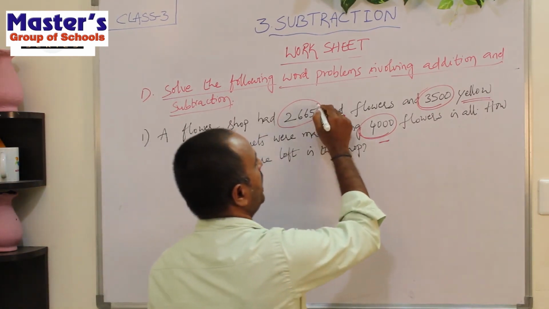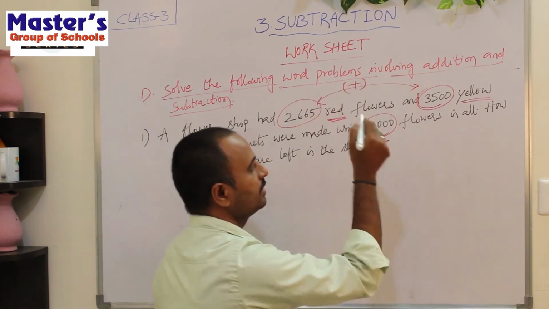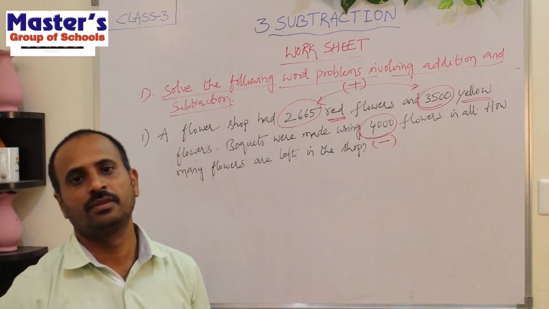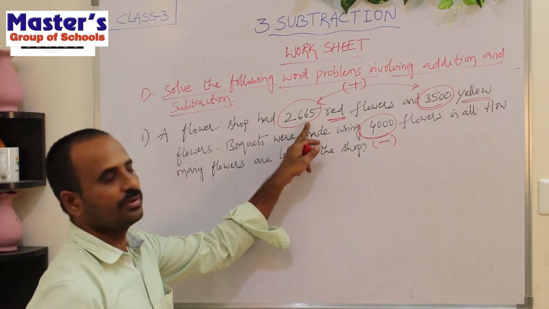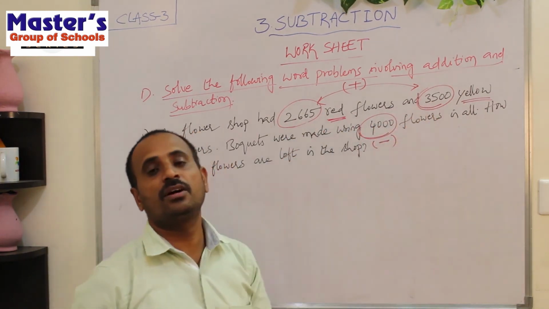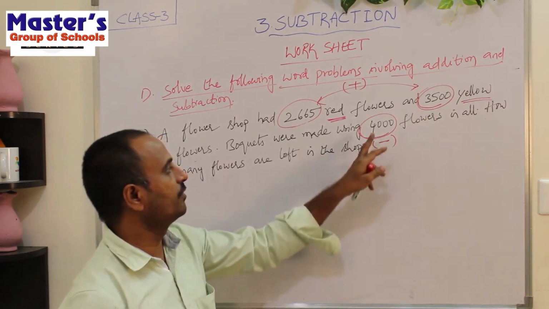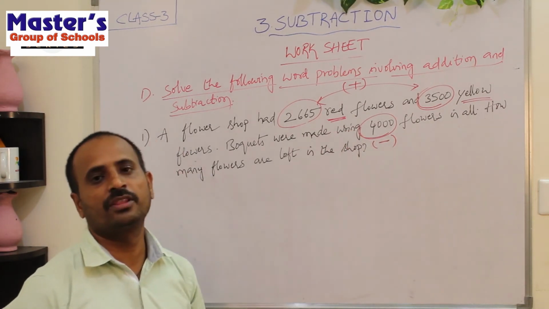First we have to add these two numbers, then subtract 4000 from the sum. So 2665 and 3500 are to be added, and from the sum subtract 4000, then we will get the total number of flowers left in the shop.